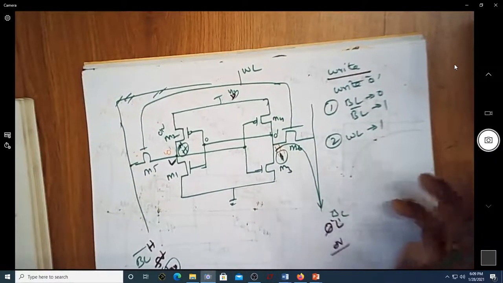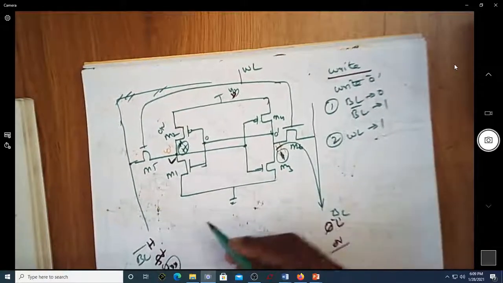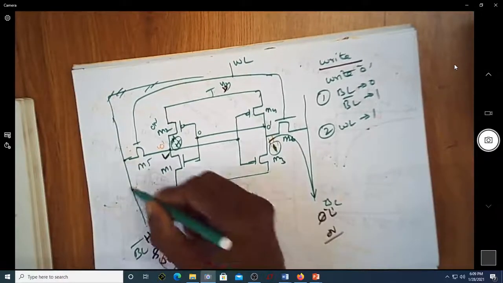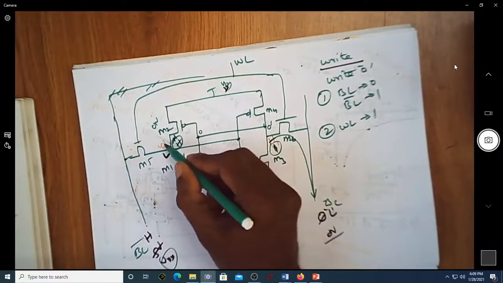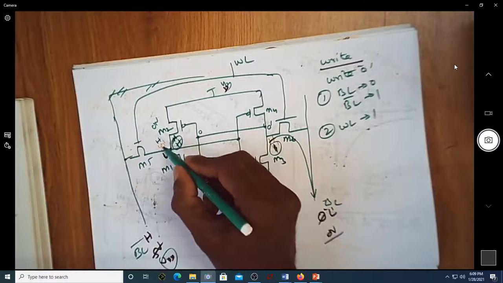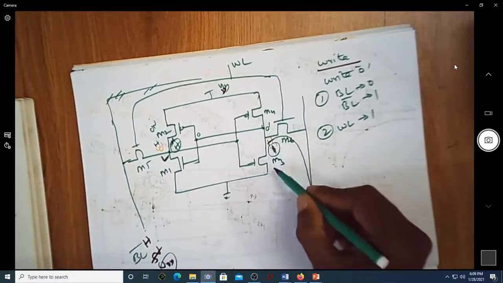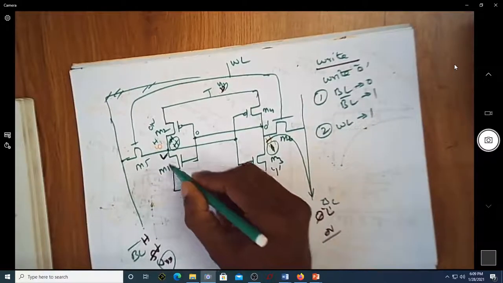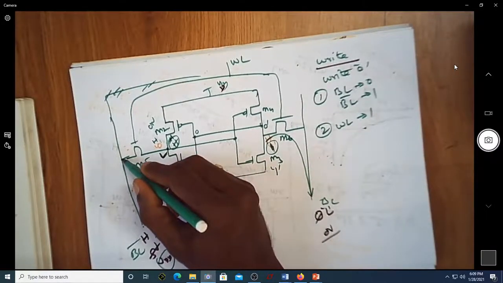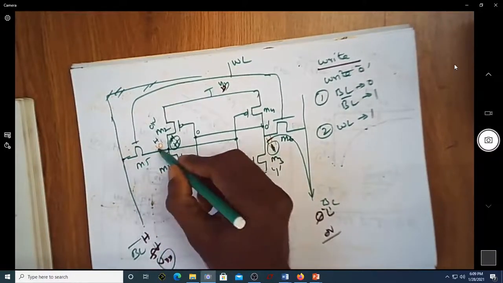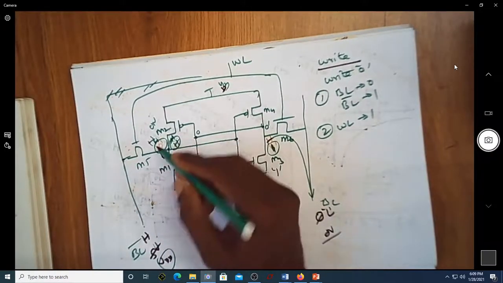Everything is pakka. Now assume that you may have a question: since this is high, can this high make this equal to high, which was earlier stored as low? Of course, you can see when this is 1 you had a low. So will this high actually make this equal to high?